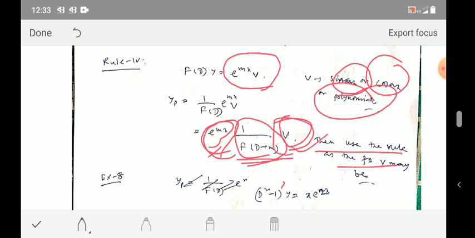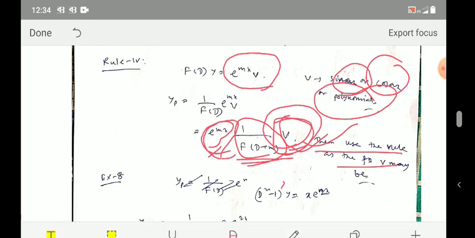If v is a trigonometric function like sin x or cos x, we will use rule 2 here and solve this. If v is any other function, that is, not sin x or cos x or a trigonometric function or polynomial function, then we will have to use the general method, which I will discuss in the next lecture. For this part, I will consider the function v only as sin x or cos x or a trigonometric function.